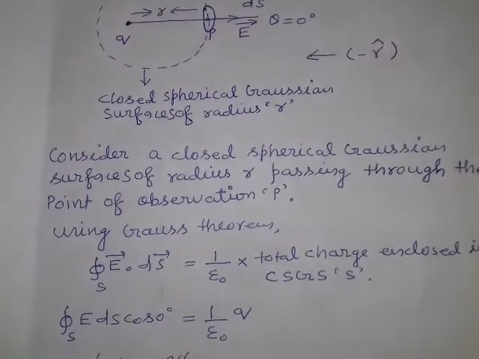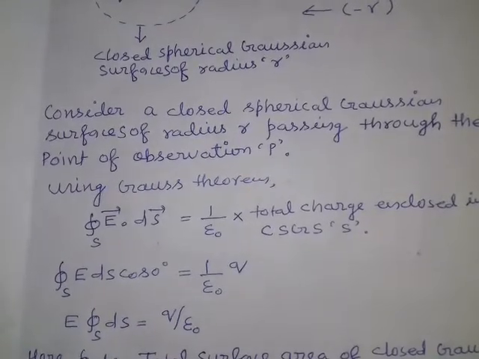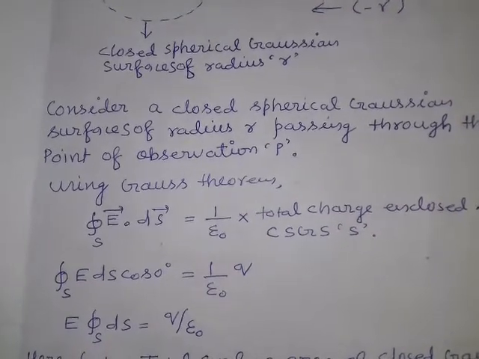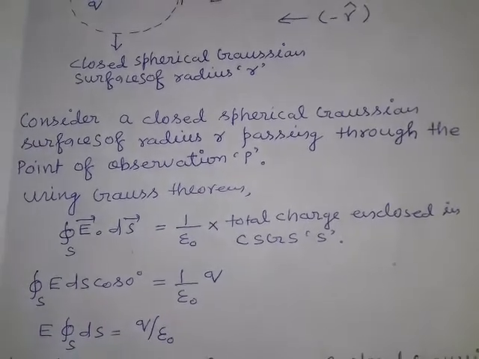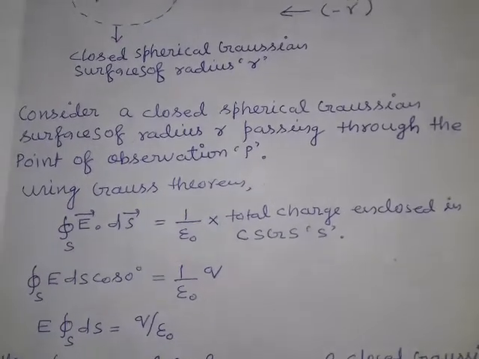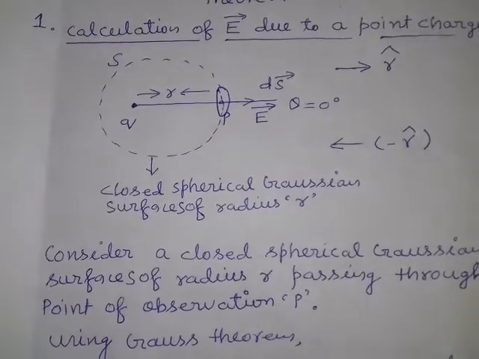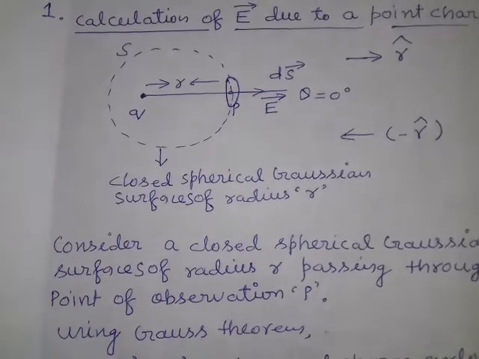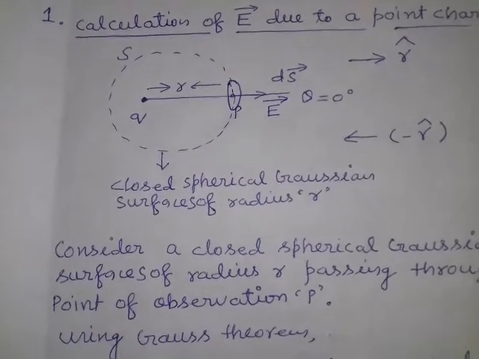We will use Gauss theorem. Gauss theorem states the integration over closed spherical Gaussian surface S of E dot ds is equal to 1 upon epsilon naught times the total charge enclosed in the closed spherical Gaussian surface S. You see, this closed spherical Gaussian surface is represented by the dotted sphere, and inside the dotted sphere only charge q is enclosed.